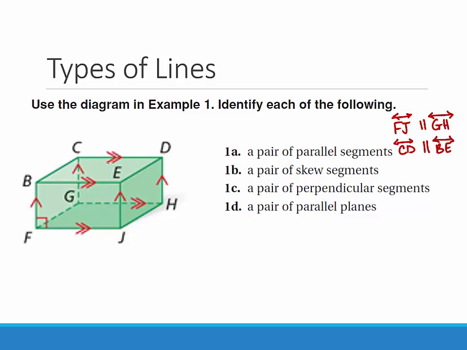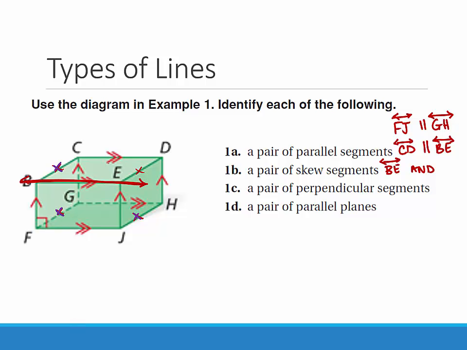A pair of skew segments, remember, are not parallel or perpendicular, and they're not in the same plane. So let's use this front one right here, BE. Remember, this is on the front of a cube. And this is skew to anything that's not going to touch it, that's not on the same plane. So none of these will work, because those are eventually going to touch it. Let's get a different color.